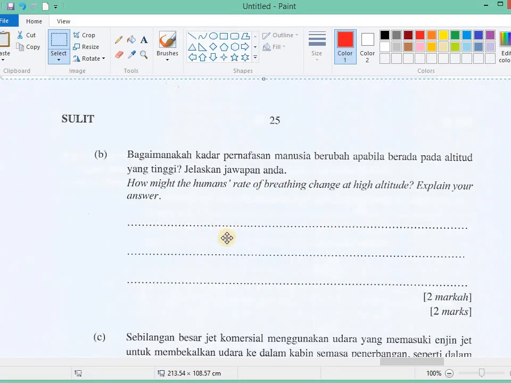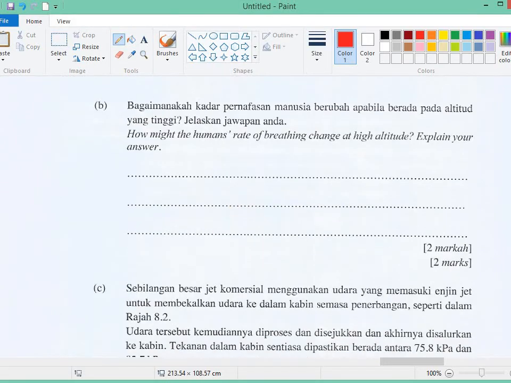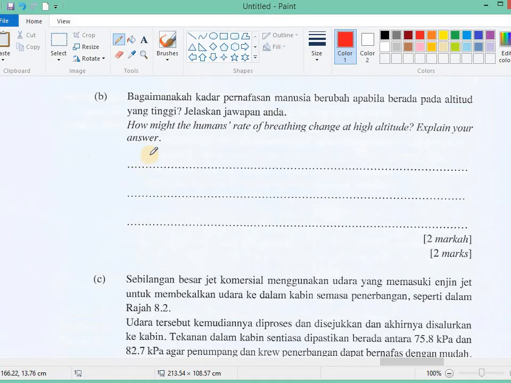Okay, how might the human rate of breathing change at high altitude? At high altitude, rate of breathing will increase. Why does the rate of breathing increase?